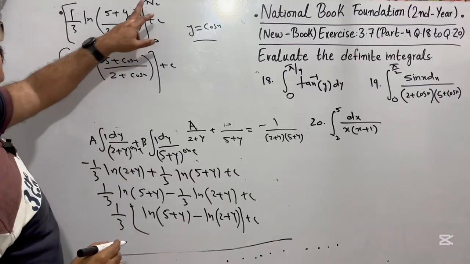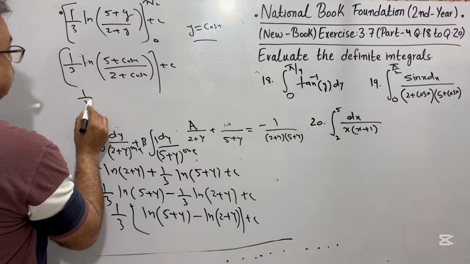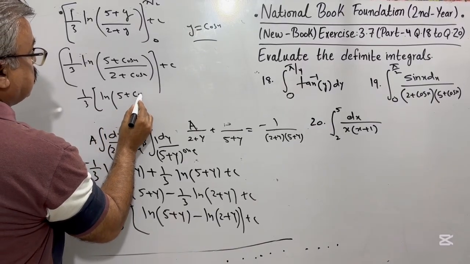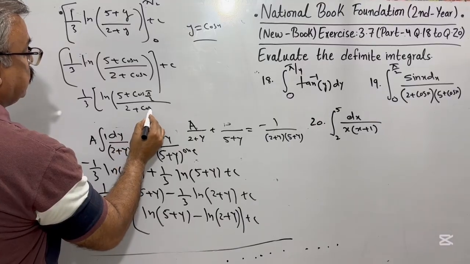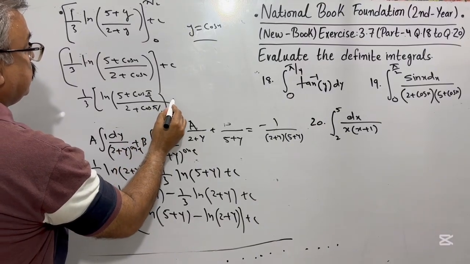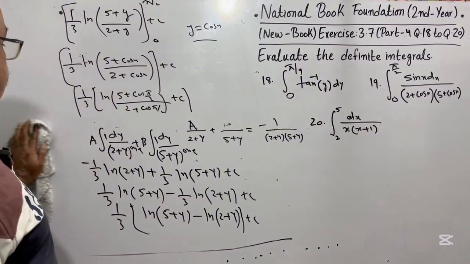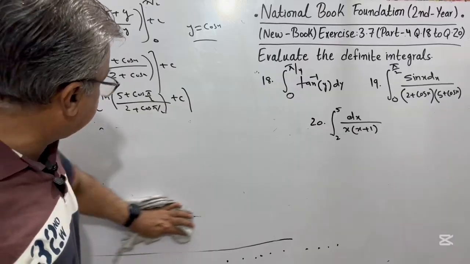Upper limit is pi over 2, cos pi over 2 is 0, cos 90 is 0. 1 over 3, we are left with ln of (5 plus cos pi over 2) over (2 plus cos pi over 2) plus c, then minus the lower limit, upper limit minus lower limit.